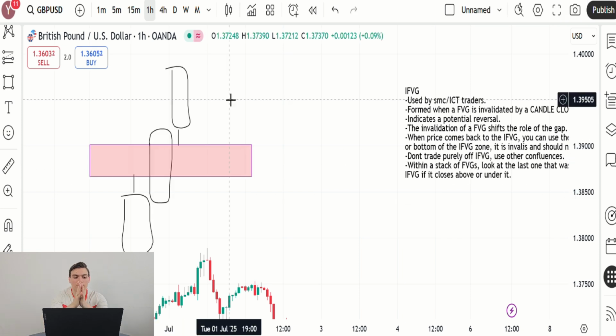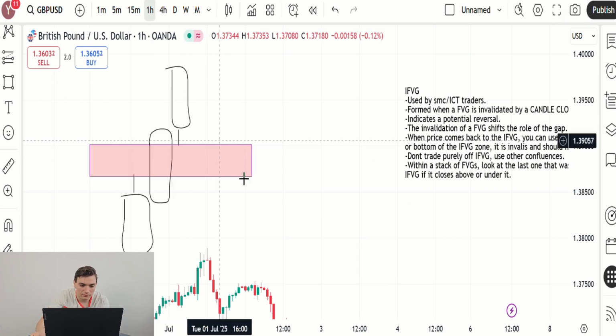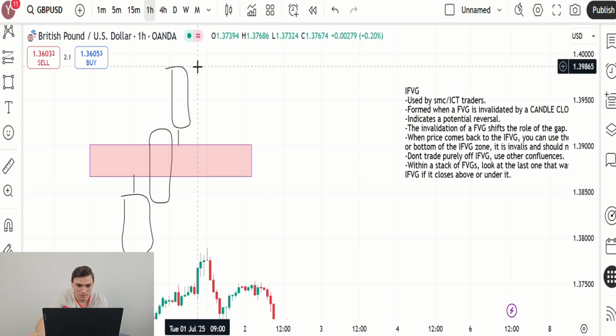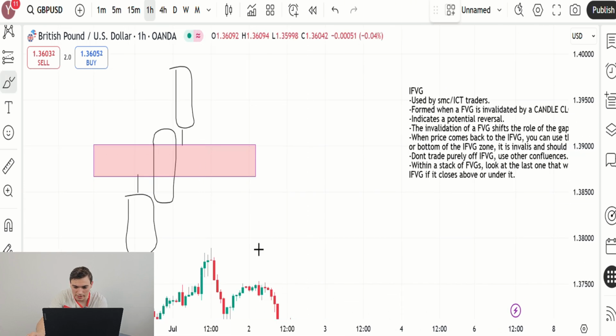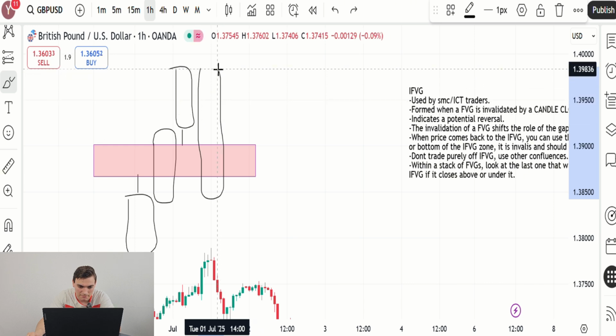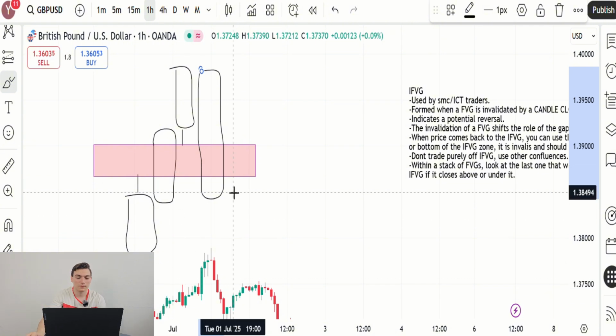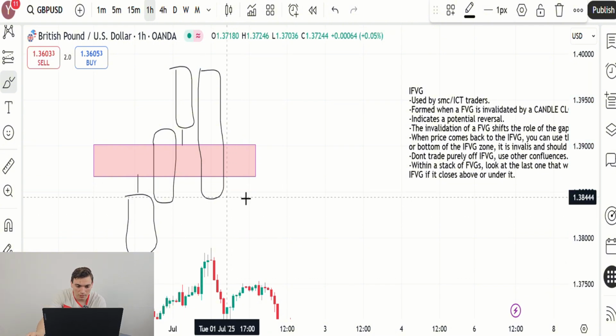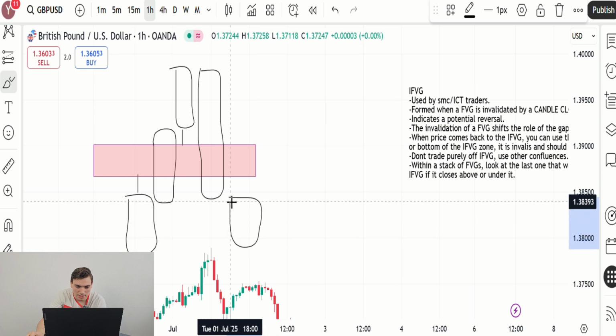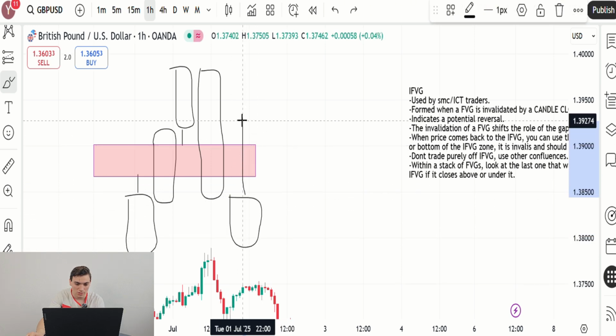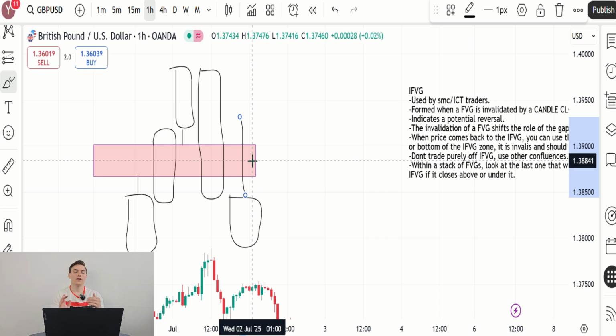What do we have here? We have a bullish fair value gap. Now this bullish fair value gap gets invalidated like this. Now, if we were going to use this inverse fair value gap, if the next candle opens right here, let's say, and it has a wick that goes through it, now we can no longer consider or use this inverse fair value gap because it has been invalidated.